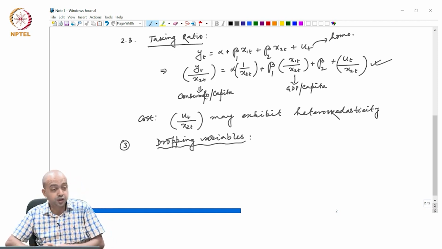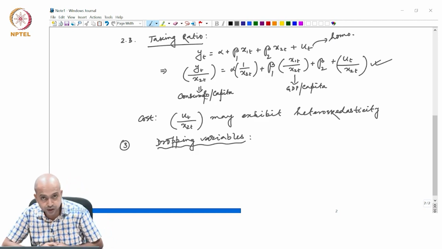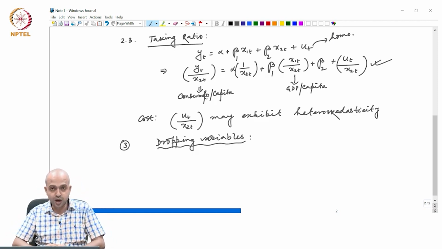So, generally we think that whenever some variable is correlated with the other one, we will drop one variable and keep the other one. But here what is the suggestion?